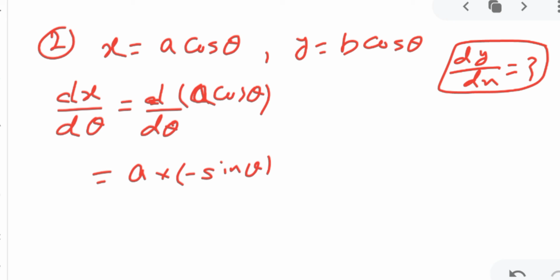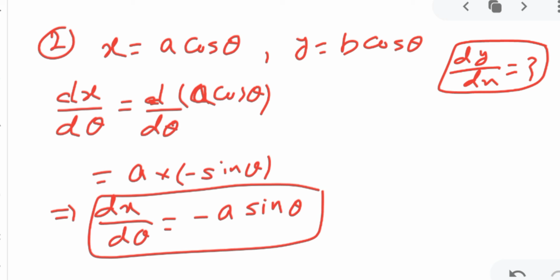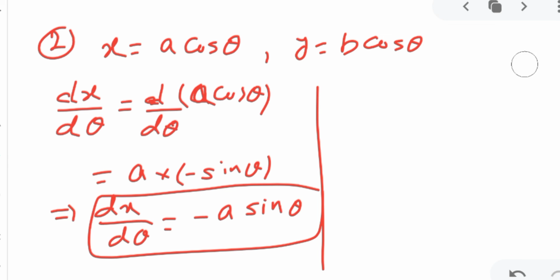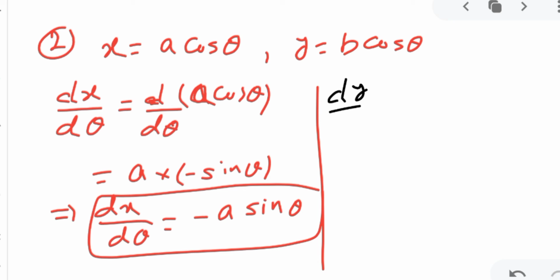So in this way I got dx upon d theta as minus a sin theta. Similarly I can find dy upon d theta. So dy upon d theta will be d upon d theta, and in place of y I will write b cos theta.